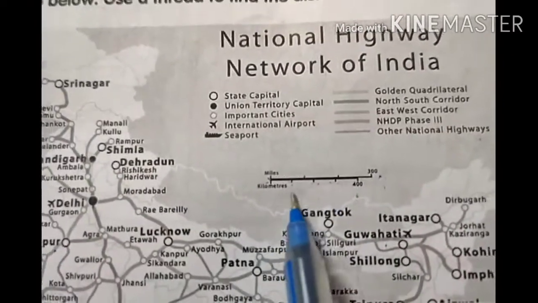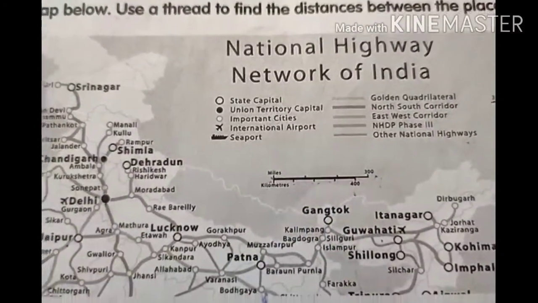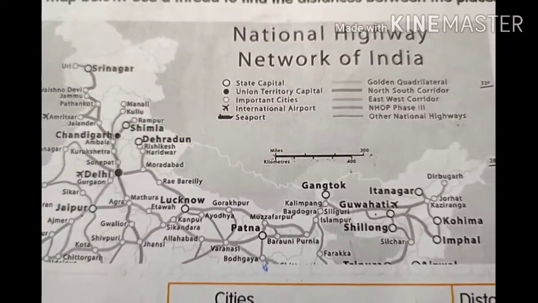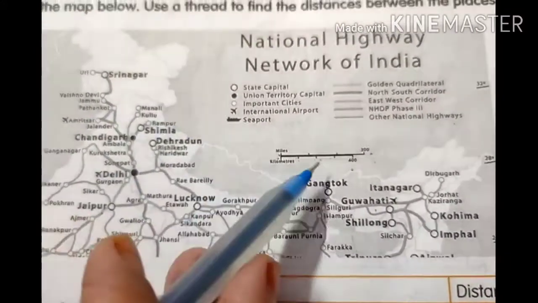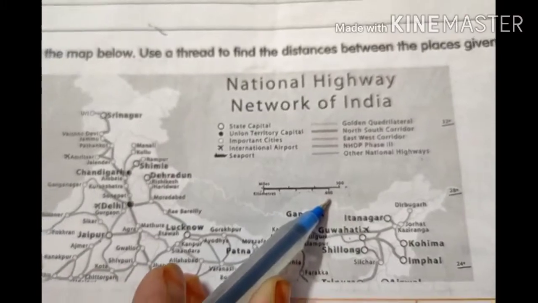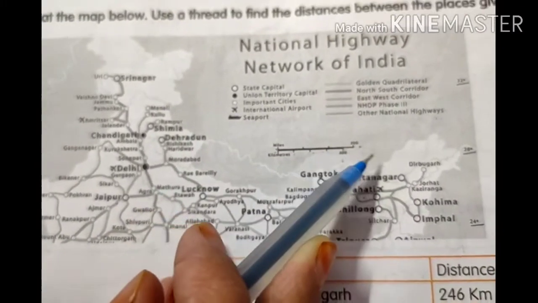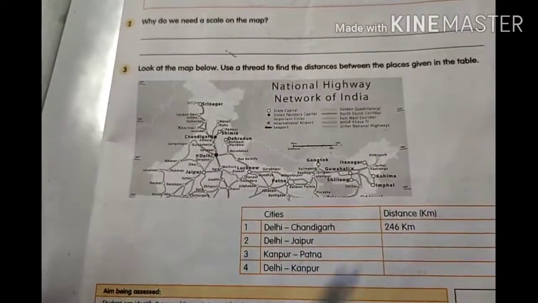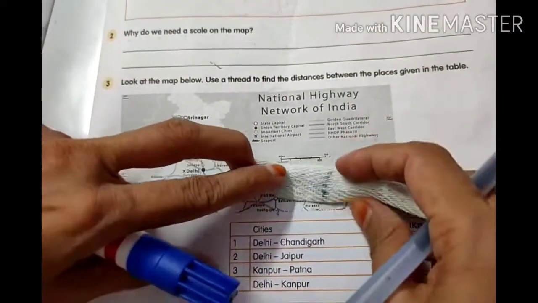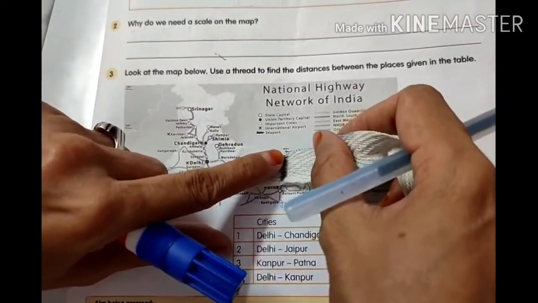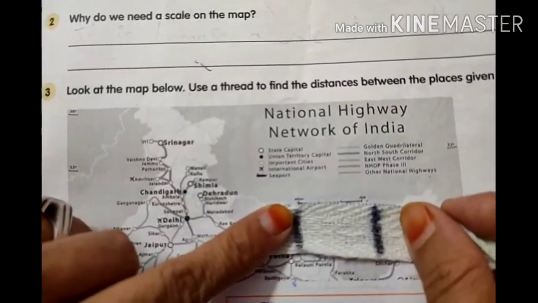See here, children, the scale is given in the map. Now you take a thread and take 500 kilometers. Here they have given only 400 kilometers, so we will take one more point as 500 kilometers. Take this and mark it to 500 kilometers.